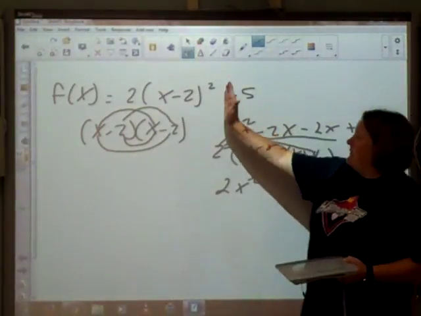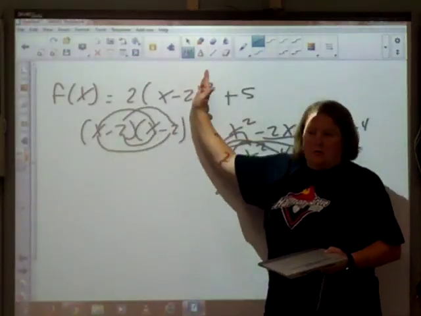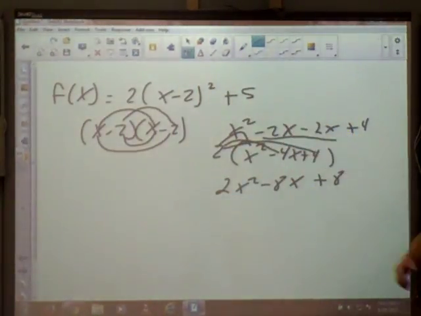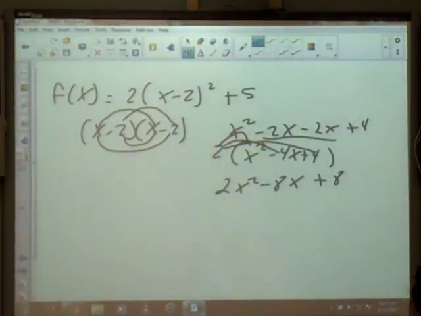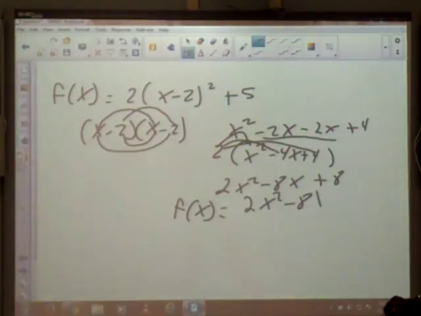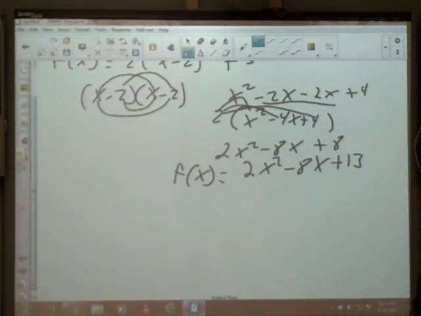I've taken care of everything to here. But now Connor reminded us there's a plus 5. Well, that's easy. Just combines on the end with that like term, 8 and 5. So we've got f of x equals 2x squared minus 8x plus 13. We had to do all that preliminary work to get it to standard form.